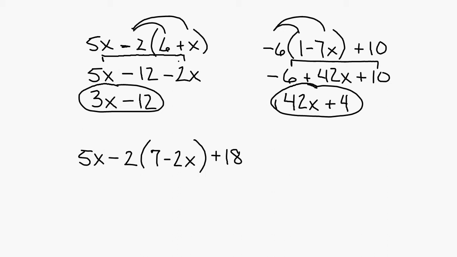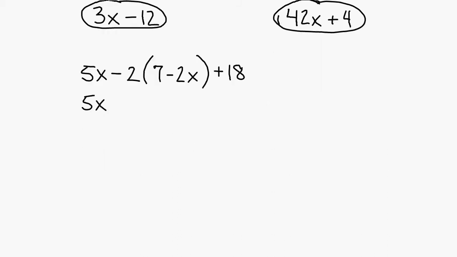So your 5x comes straight down. You take negative 2 times 7, and that's negative 14. And then you take negative 2 times negative 2x, and that would be positive 4x. And then this positive 18, or plus 18, comes straight down.